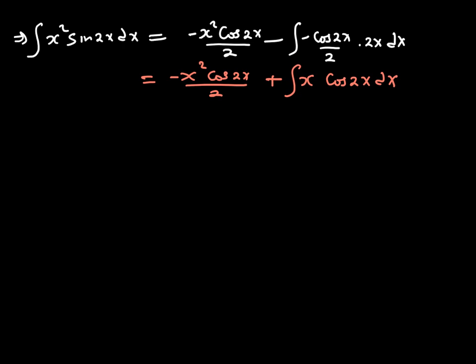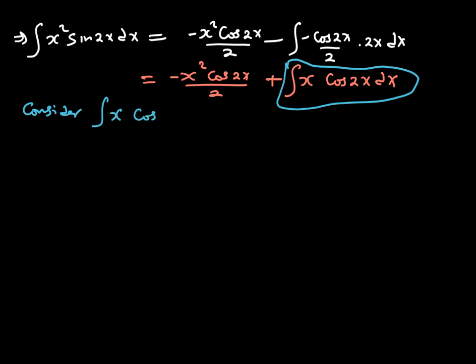Now, still there is another part here. Again, this is going to be considered as an integral by parts. Remember, what we are looking at is going to be back substituted, okay? So, consider the integral of x times cos 2x dx.